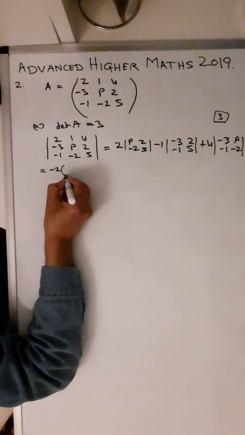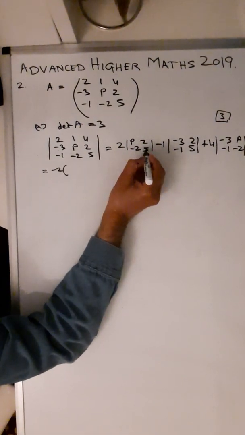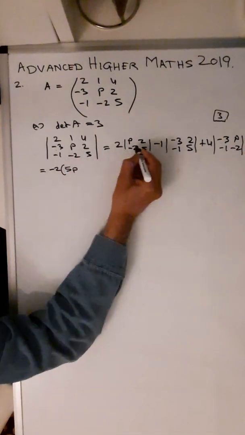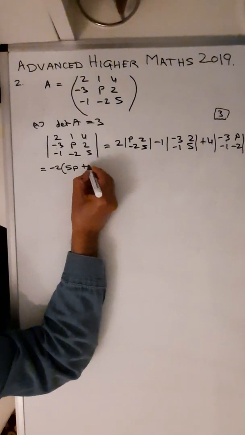Okay, and then you're just working this out. Minus 2 times 5 is minus 10. 2P times 5 is 5P. 5P minus this is going to be minus 4, which gives you plus 4.